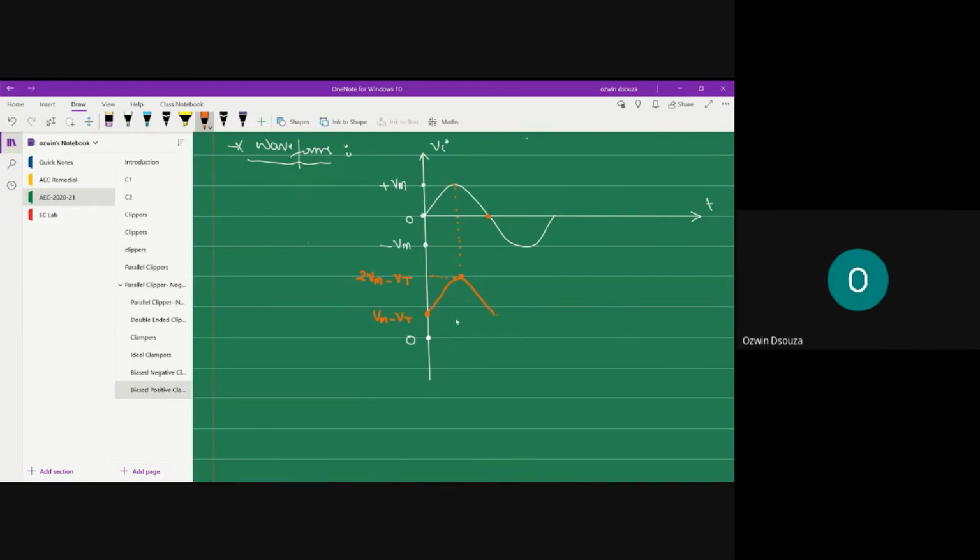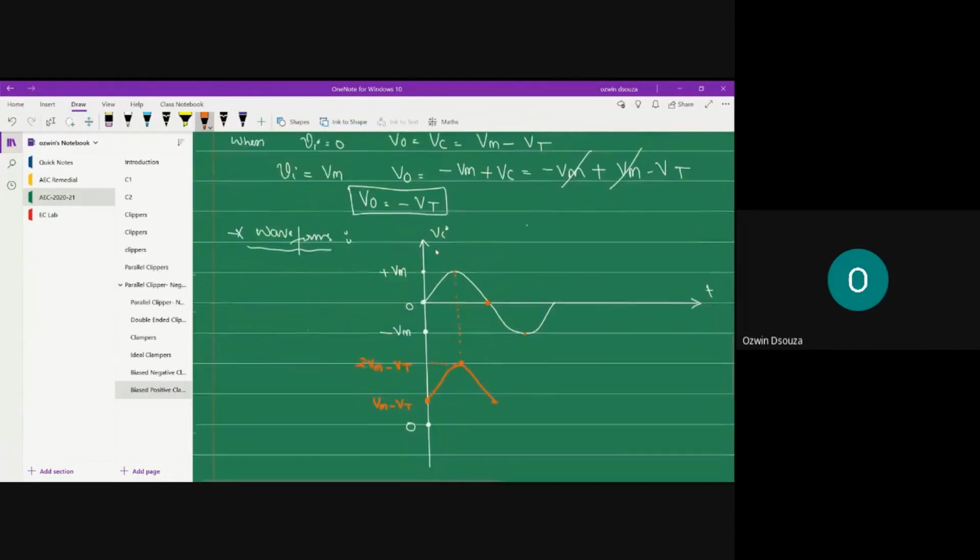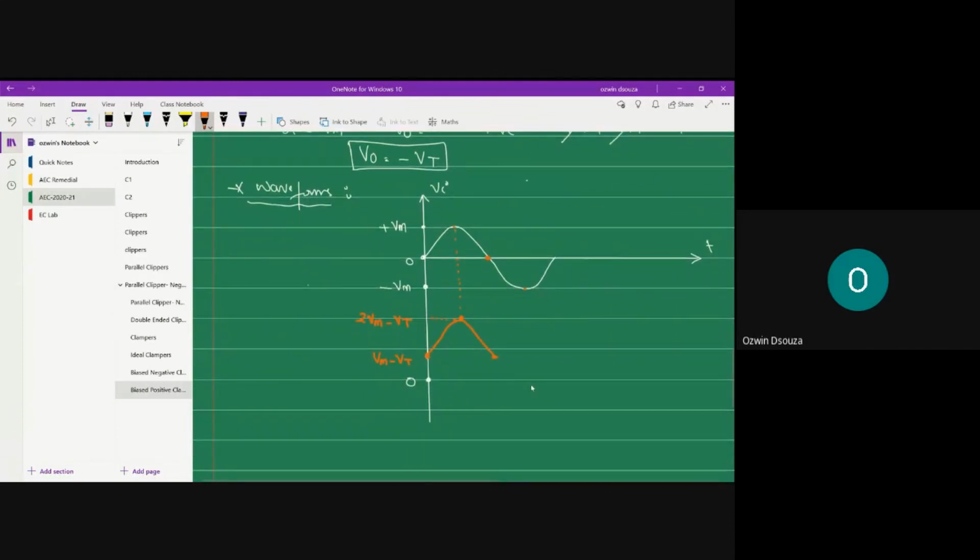Once again, in the negative half cycle, when your negative half cycle starts from 0 volt level, output will be at Vm minus Vt level. And when your input achieves the negative maximum, the output peak will be at minus Vt level. So somewhere here.